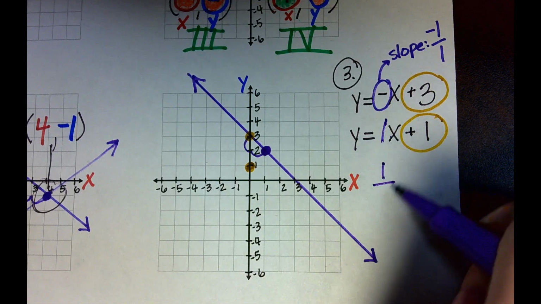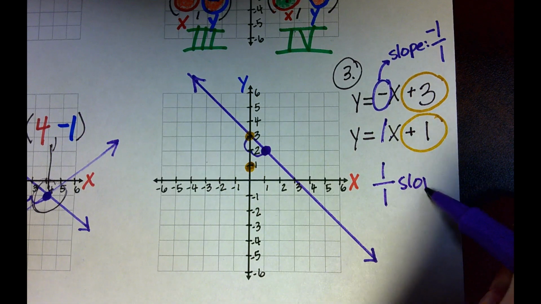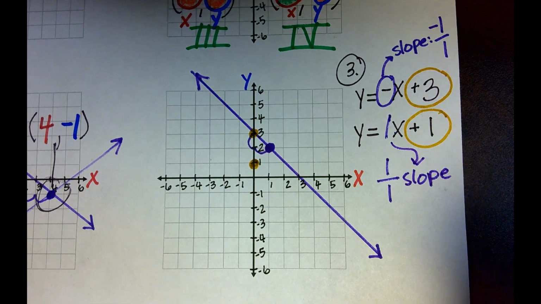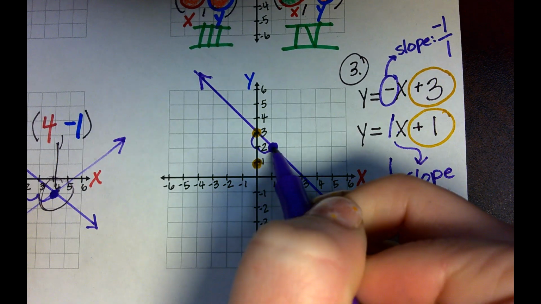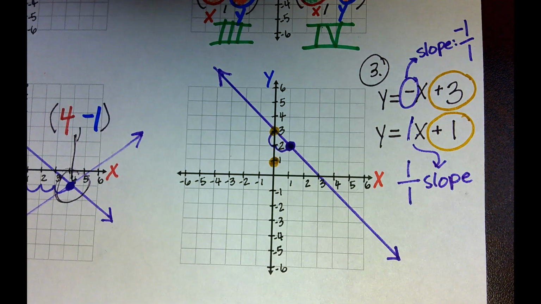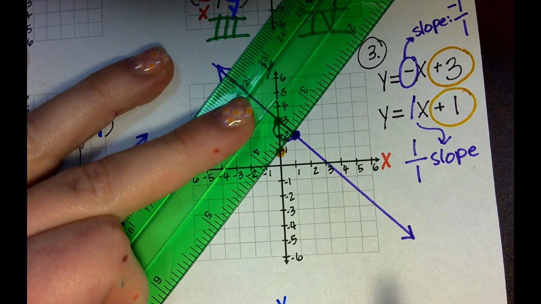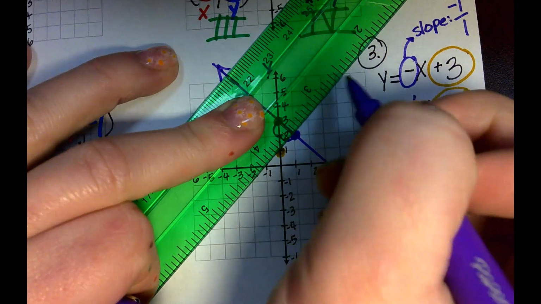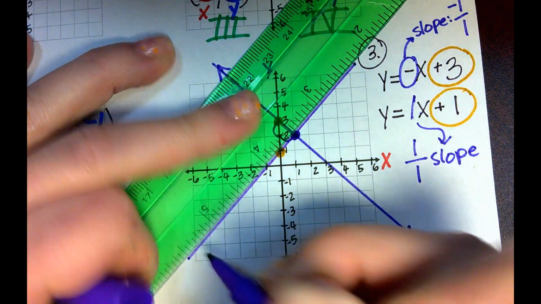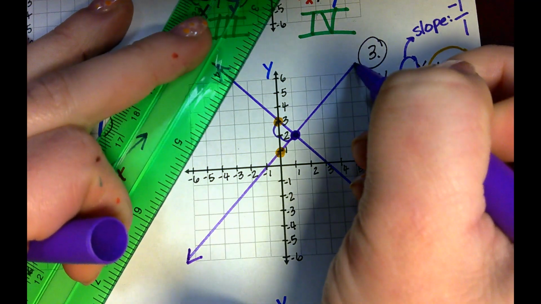Our slope is 1 over 1. So we go up 1 over 1, and it's right here. They share a point. So we will connect the dots again. Amazing.